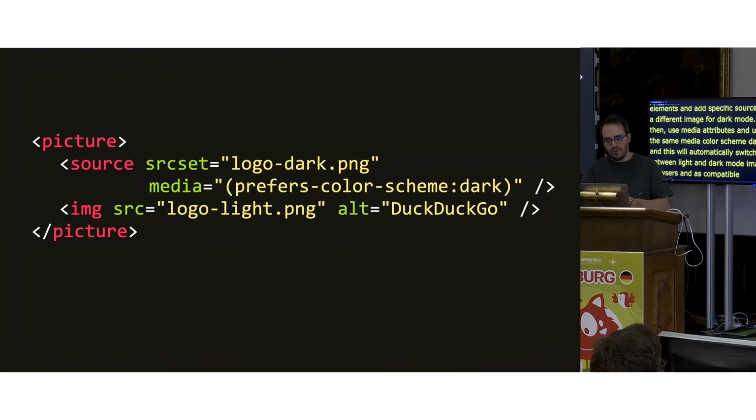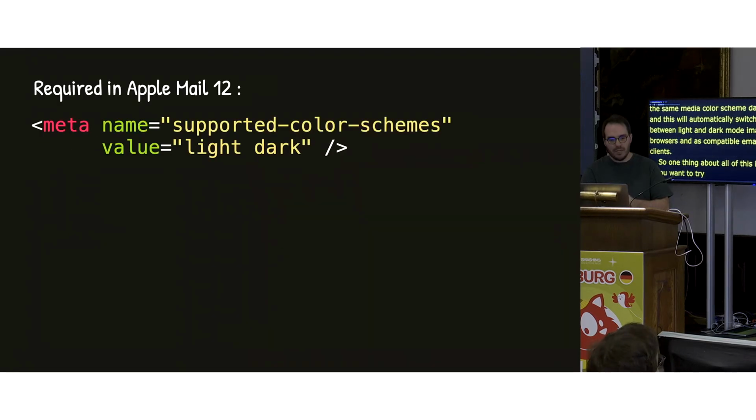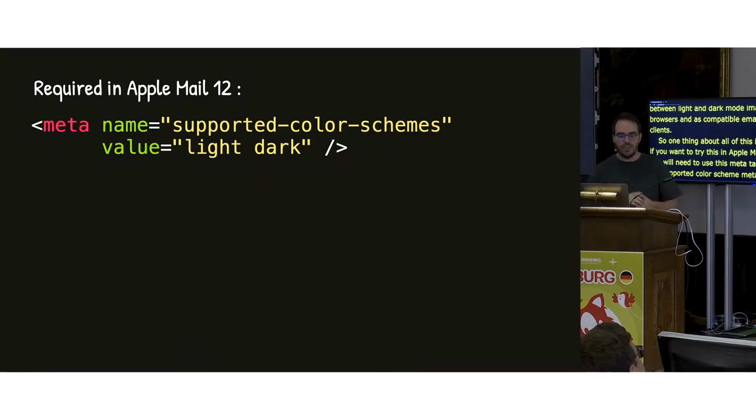One thing about all of this is that if you want to try this in Apple Mail, you will need to use this meta tag. The supported-color-schemes meta tag with the value light dark, which indicates that your email or web page supports both light and dark theme.